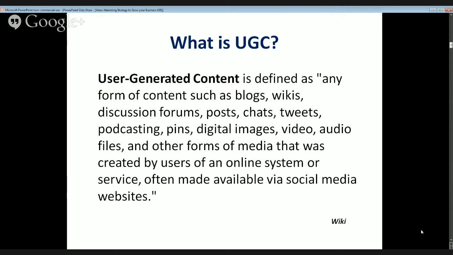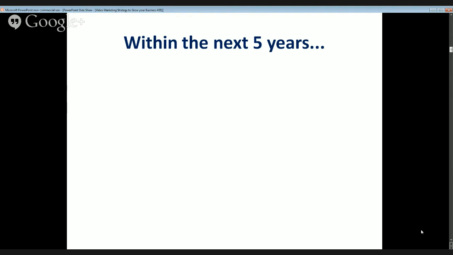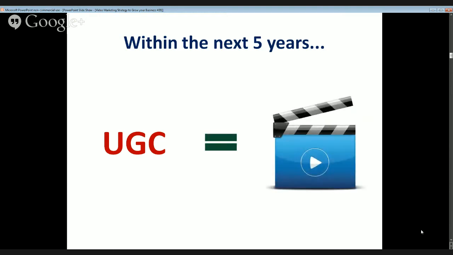So it could be anything that is created for a business. Now, my tip is within the next 5 years, UGC will mean the same thing as video. At the moment I'm using the term user-generated video as opposed to user-generated content, but within 5 years it'll mean the same thing. And I say that because the internet will be basically 87% video, they're predicting.